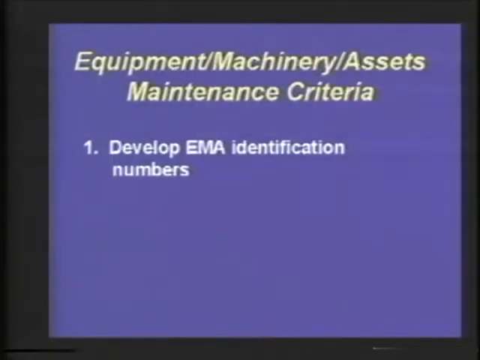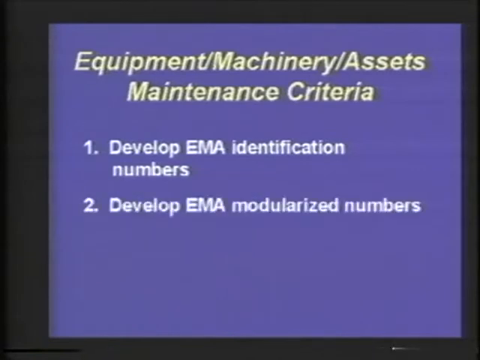Now, moving on to page number 2, we're talking about the development of the maintenance criteria itself, and that really pertains to the development of the equipment identification numbers, which is step 1. Step 2 is the development of what we call modularized numbers, and I'll show you in a moment a document and a record that addresses that issue.